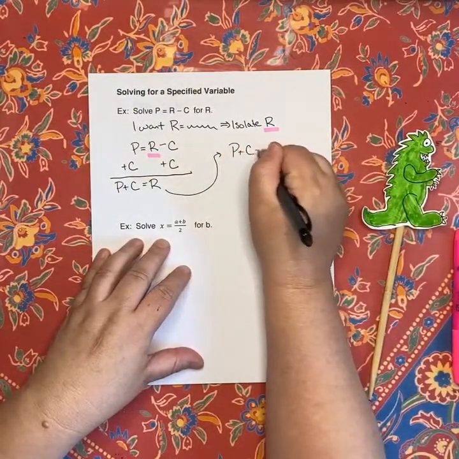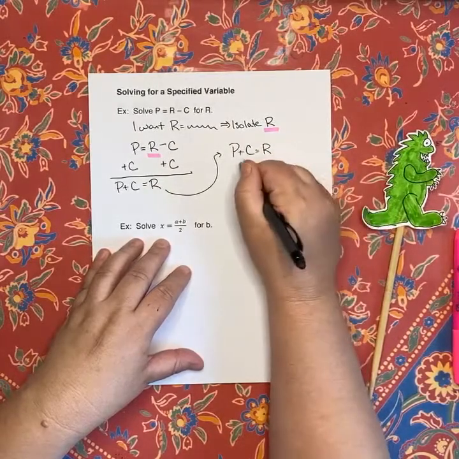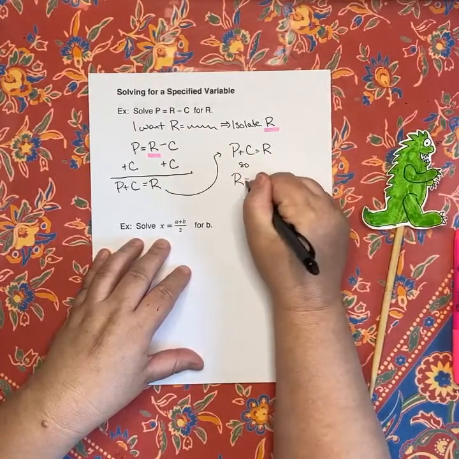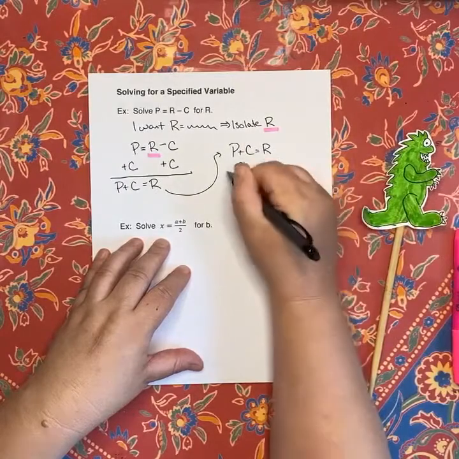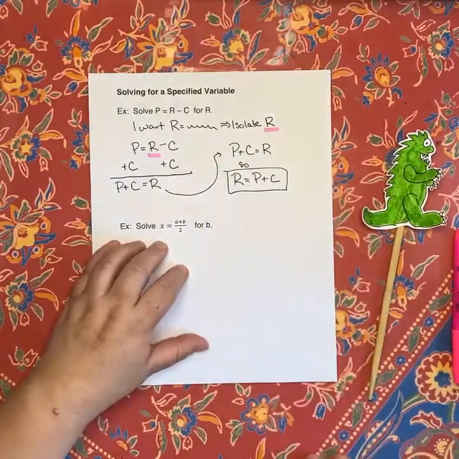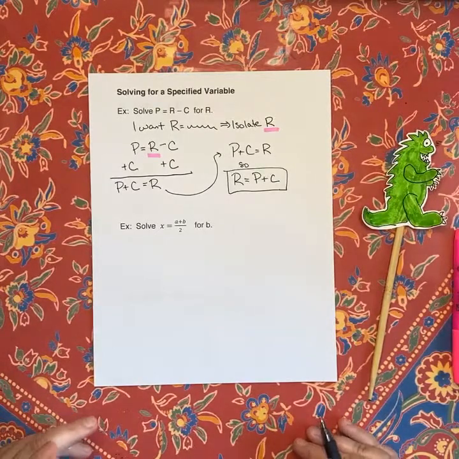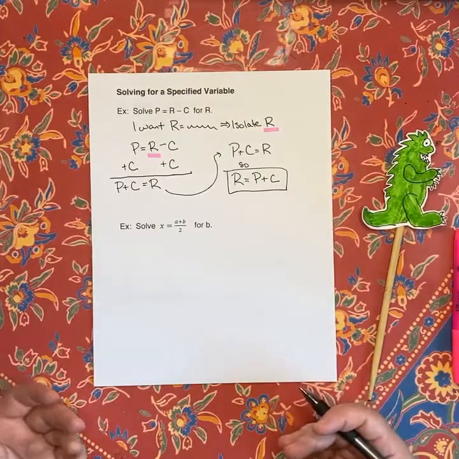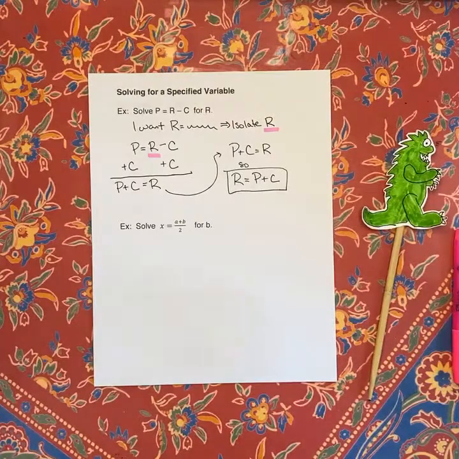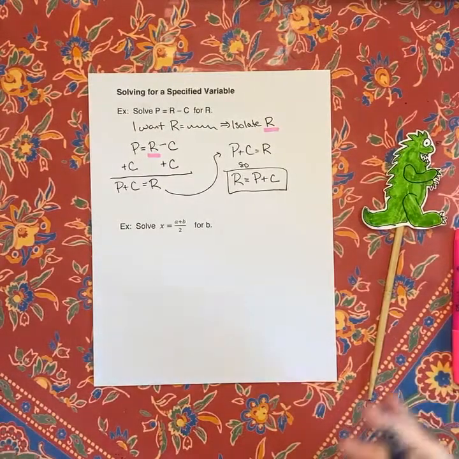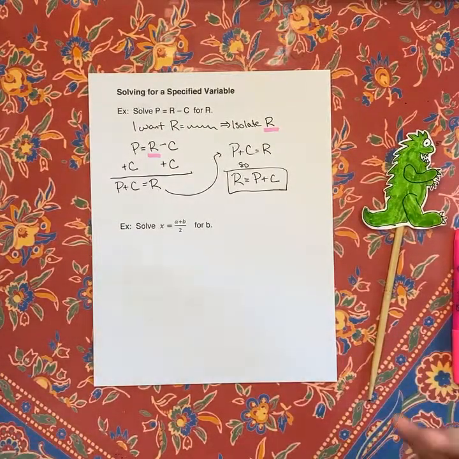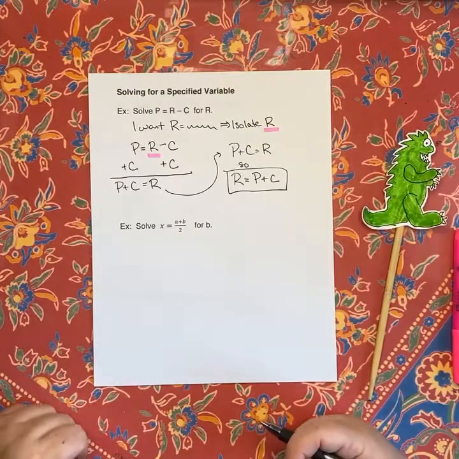P plus C equals R, so flip it around: R equals P plus C. No muss, no fuss. So what you're doing is you're solving an equation, but instead of getting an actual number answer, you're just getting a new form of that formula, which can be really helpful.